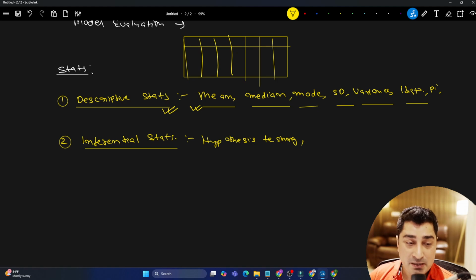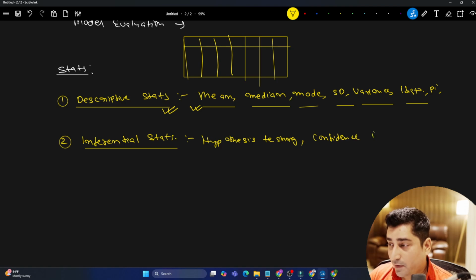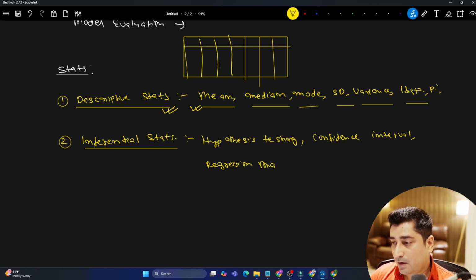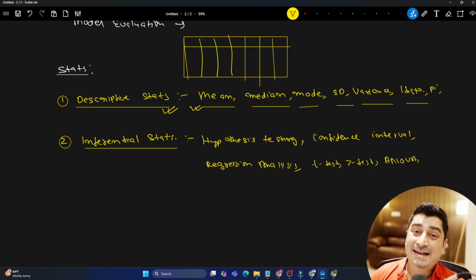We talk about a confidence interval, by the way. We talk about regression analysis. We talk about tests called t-test, z-test, and then ANOVA kind of tests.